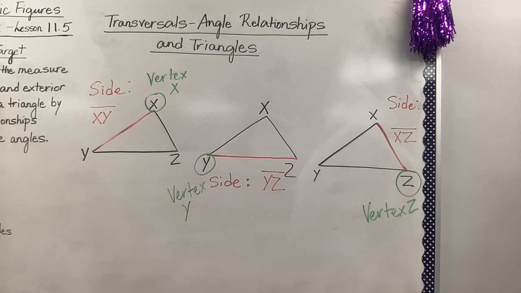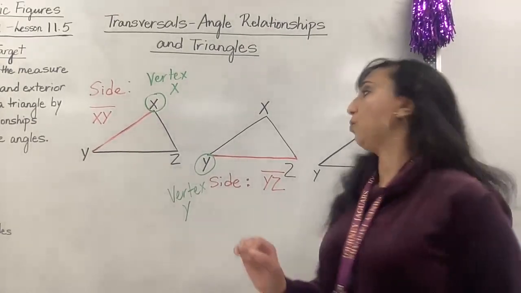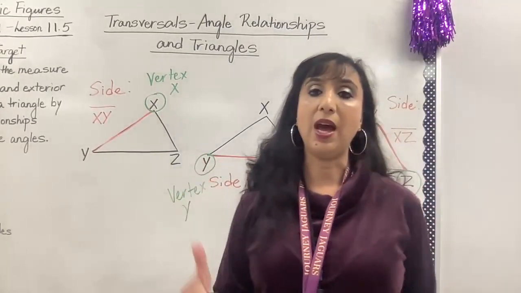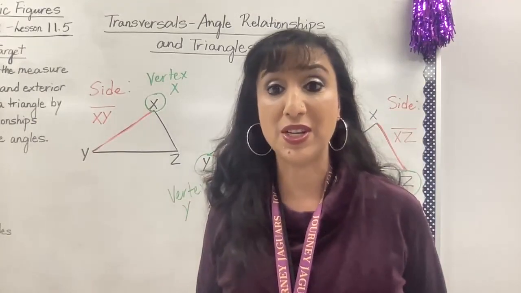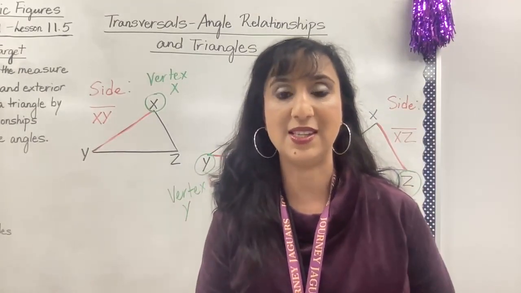Okay. So the three angles that lie inside a triangle formed by the segments and the vertices are called interior angles. Okay. So we know that one is vertex and more than one is going to be vertices. So that's why I said vertices. Okay.